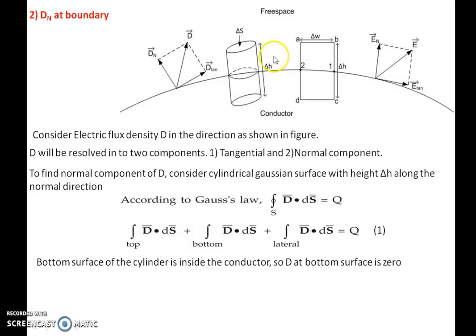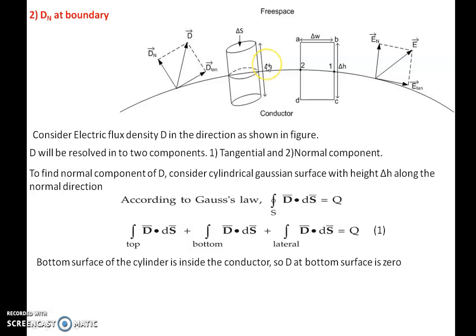Now I have to analyze the normal component at the boundary, not at some height. So delta H should be a very small value. I can take delta H tends to 0, because I have to analyze the flux density and field intensity at the boundary.